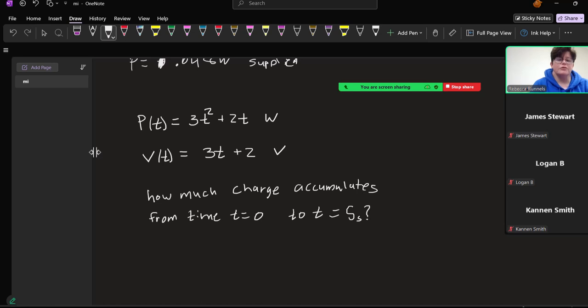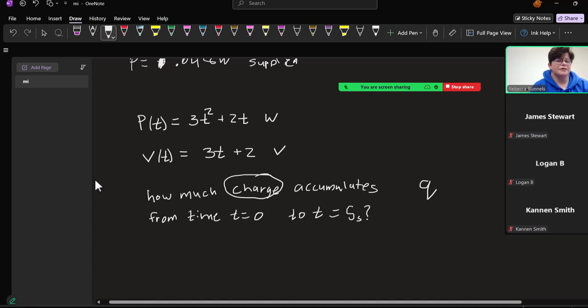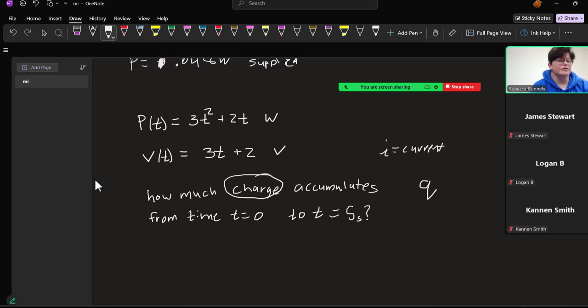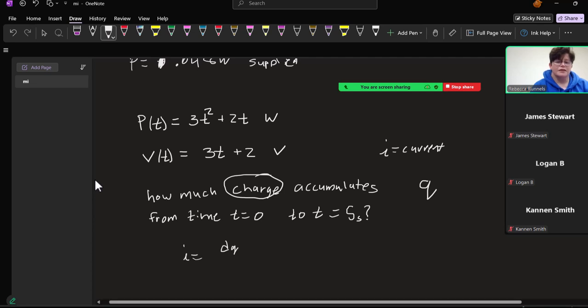When I see how much charge, what's the symbol for charge? Q. It is. And I, what is I? Current. And how are they related? Current is charge over time.